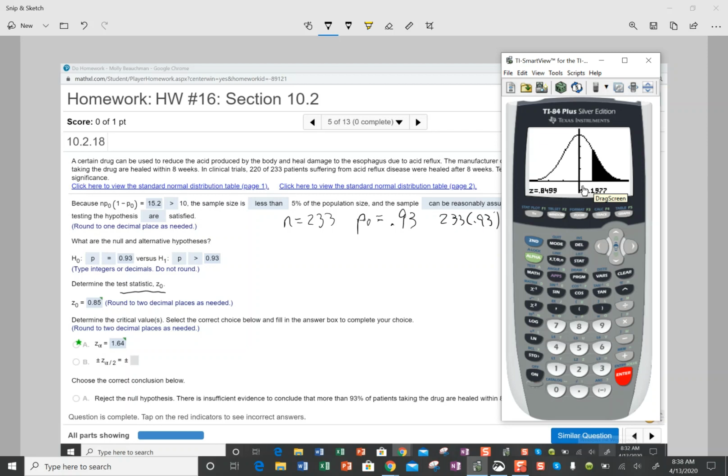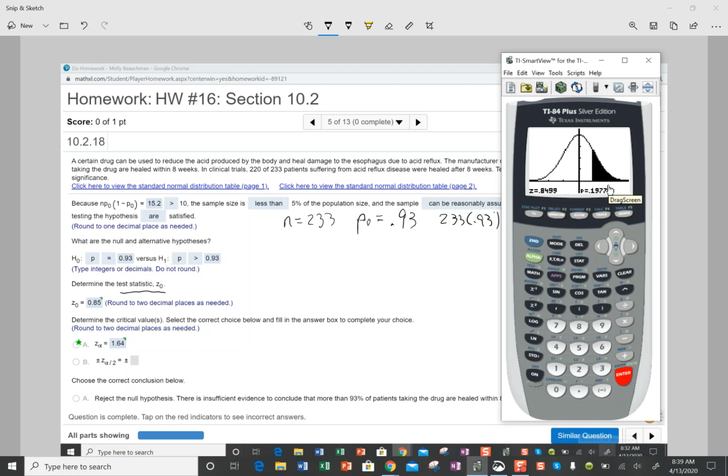That's the significance level. If the significance level is 0.05, that means that right here is a cutoff. That cutoff would be your critical Z. We're going to find that next. If your sample landed more to the right and your p-value was less than 0.05, you'd say, oh wow, it's really unusual. But it didn't. The p-value is 0.1977.